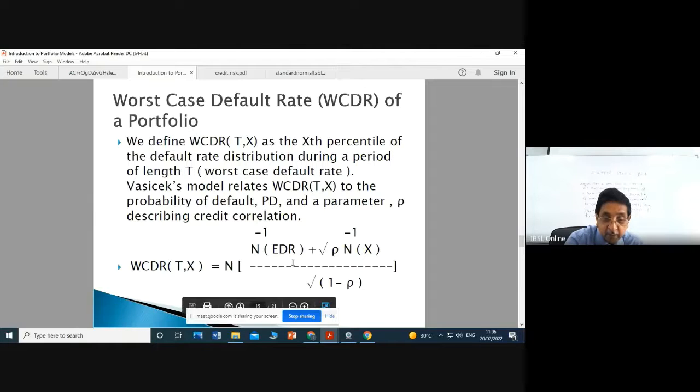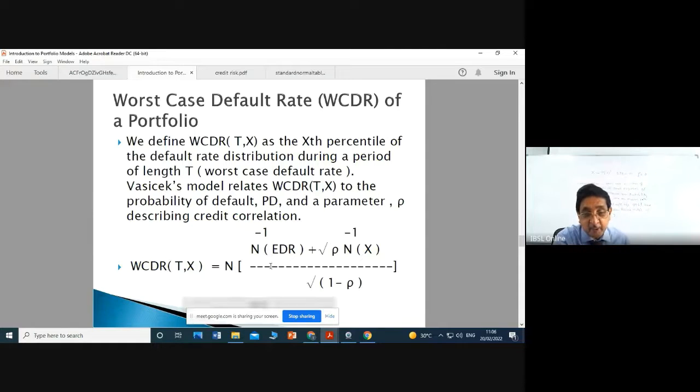Now you can apply the things here and just start calculating it. N to the power minus 1, what should come here? EDR is 0.01.